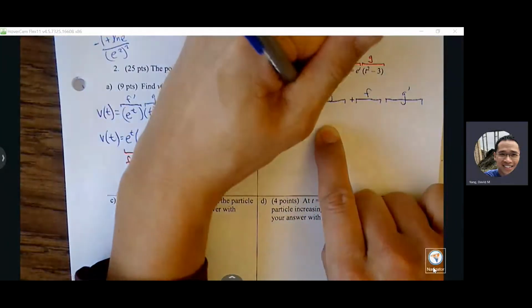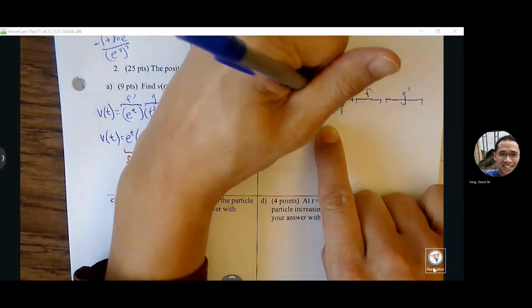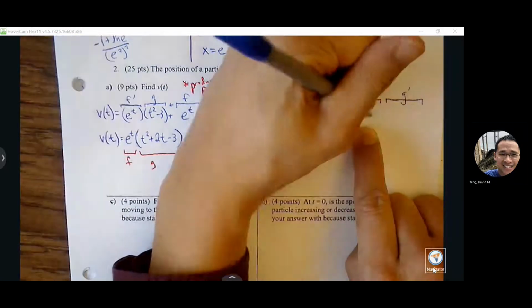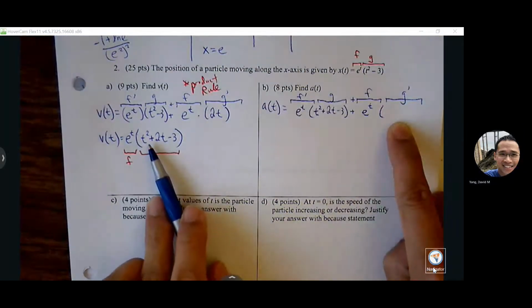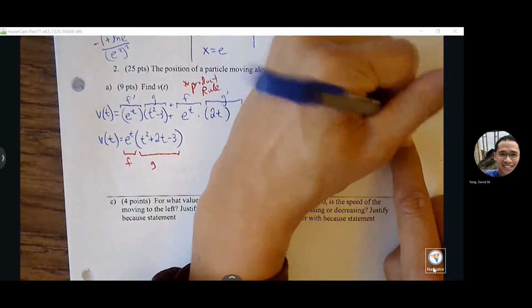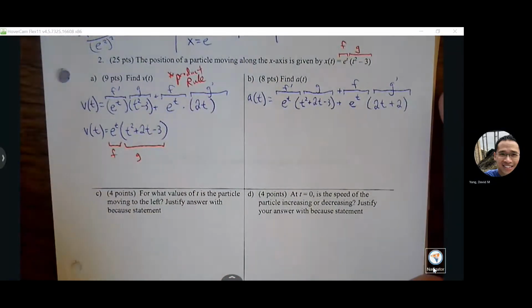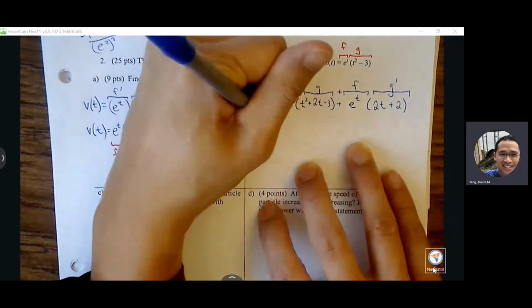G function. Back to f. G prime. Factor e to the t out.